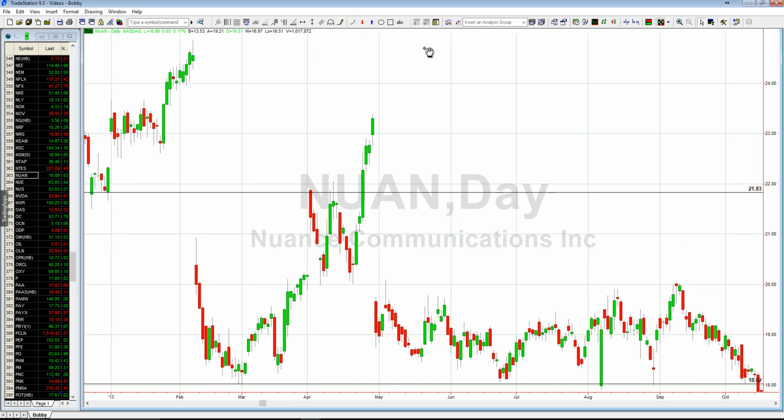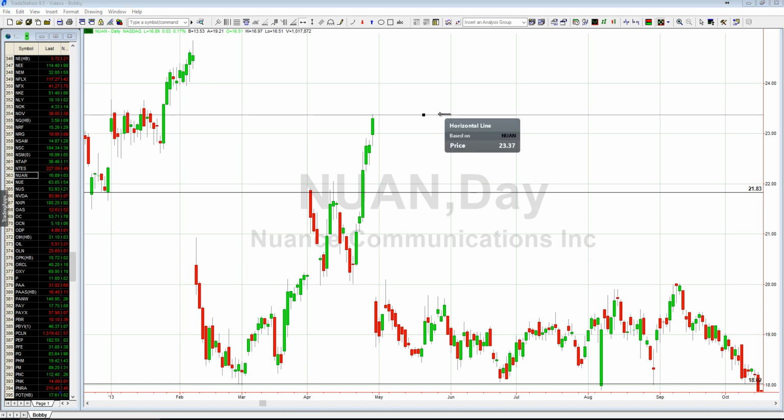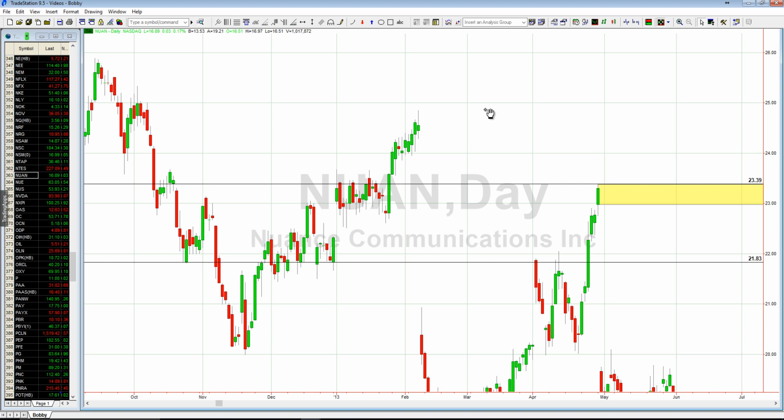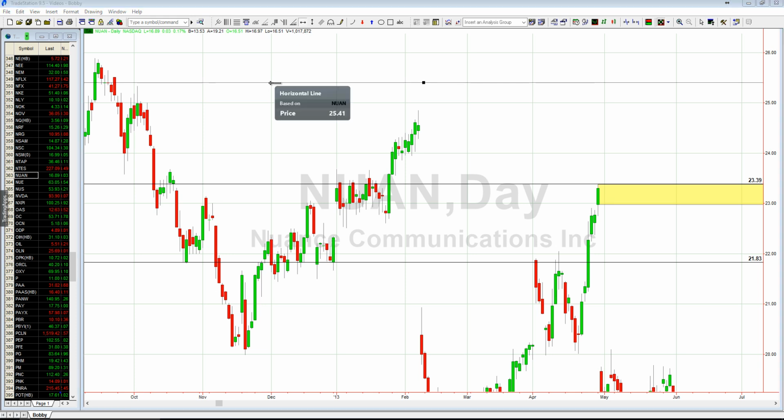We've also got one up here, so we can plot a zone here. Okay. This one is not a fresh zone, so we would plot it like this.